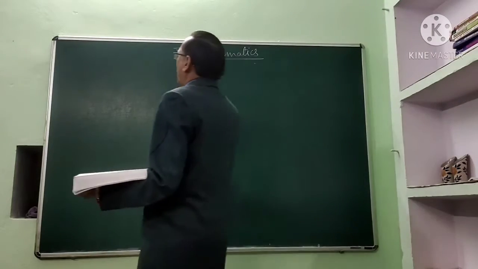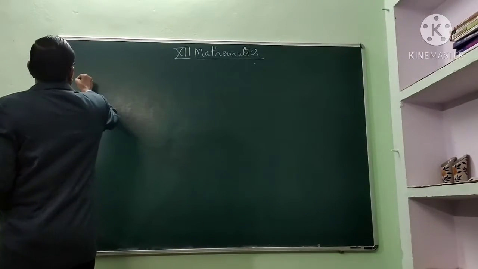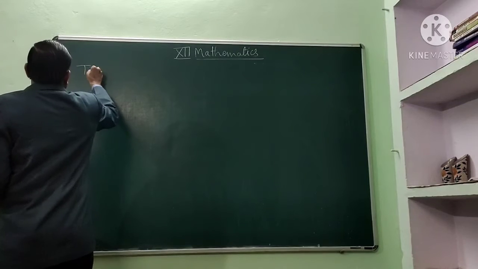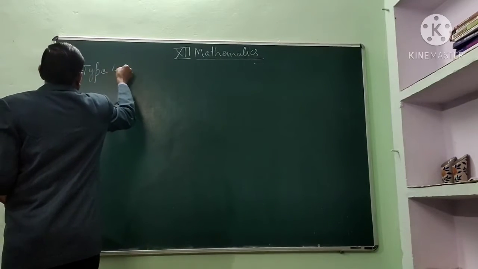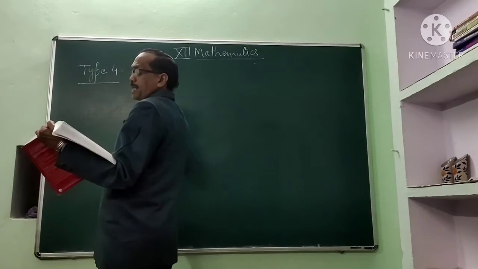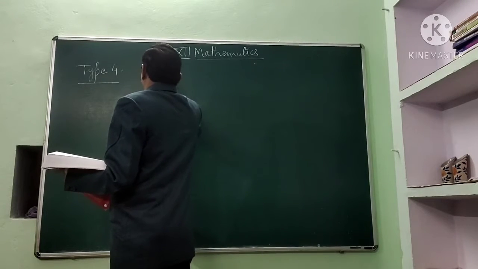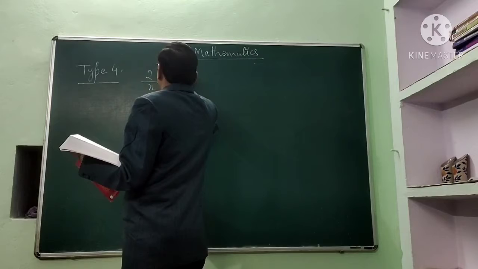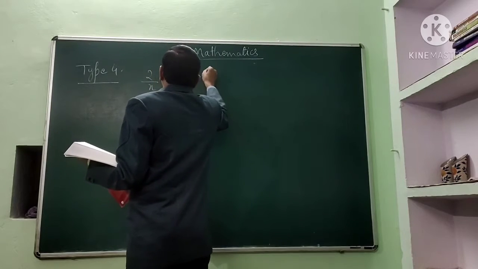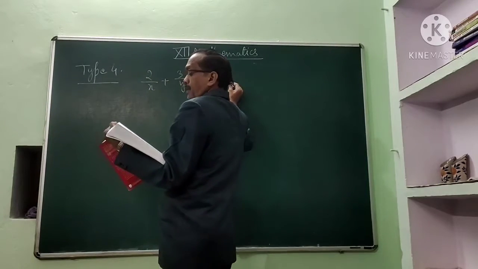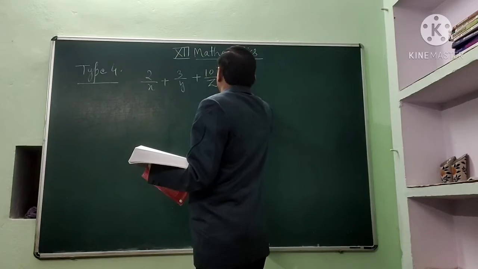Student, now there is one more type of question, that is type 4. Here the variables are given in reciprocal form, like 2 upon x plus 3 upon y plus 10 upon z equal to 4.